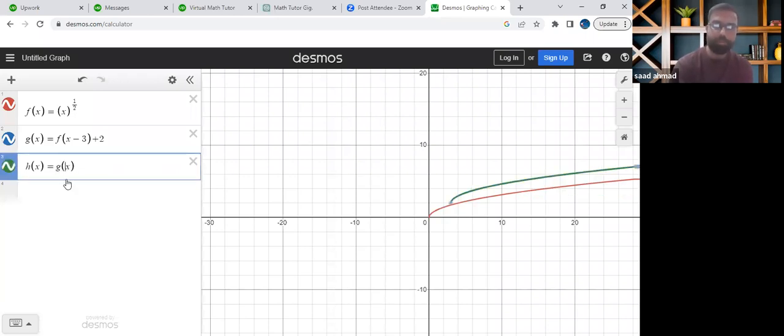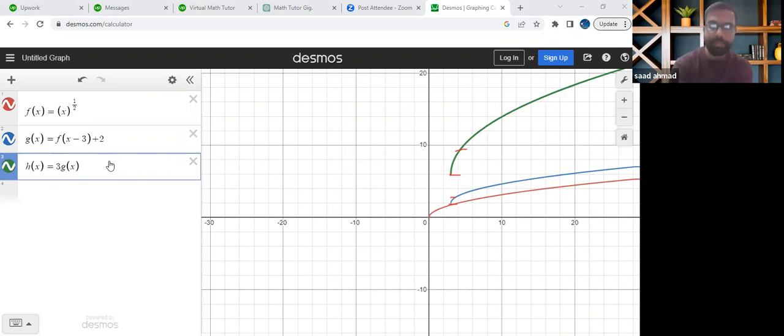Just like that, we can stretch it vertically. Let's say I multiply it with 3, you see it's vertically stretched. Before it was covering this much portion vertically for these values of x. Now it's covering this much portion of y. So it's vertically stretched.